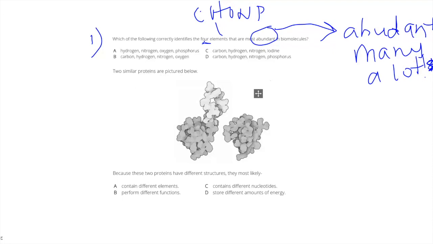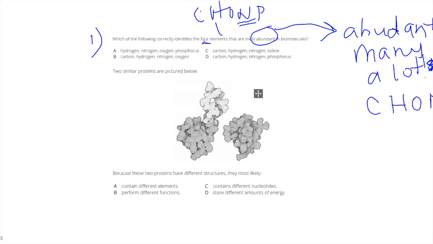Okay, so the 3 we see the most are going to be CHO, carbon, hydrogen, oxygen. They're found in carbohydrates, lipids, proteins, and nucleic acids. But the next one, because we need a 4th, is going to be that N, because nitrogen is found in both proteins and in nucleic acids.